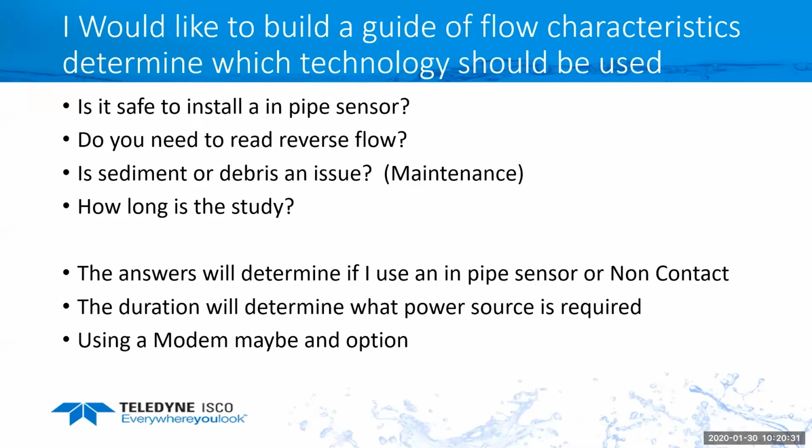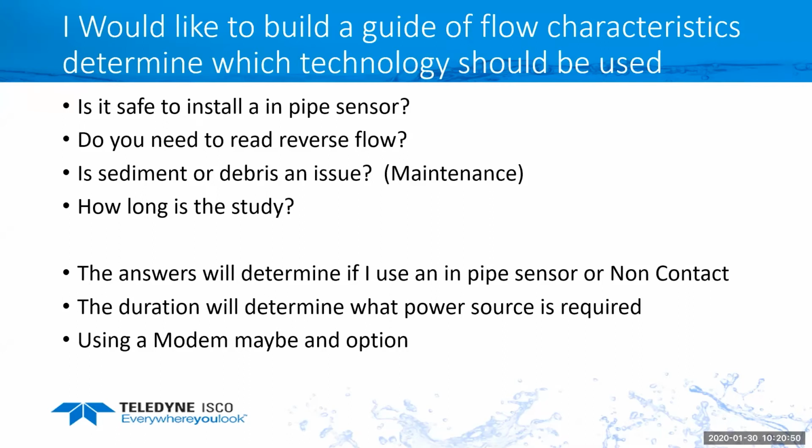The duration of the study will determine if I need AC power, solar panels, or batteries when I go out there, or possibly even using a modem. If it's a location that's difficult to get to, you may want to consider using a modem. That way you can monitor the site remotely.